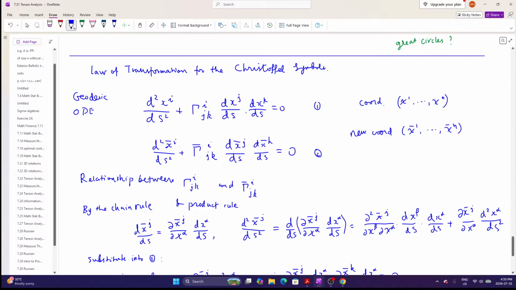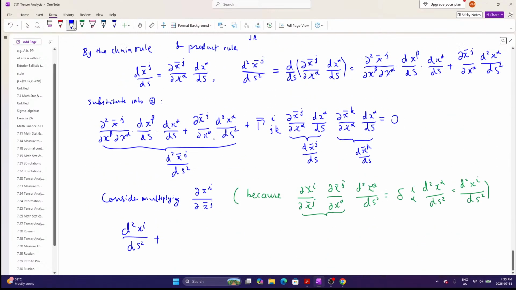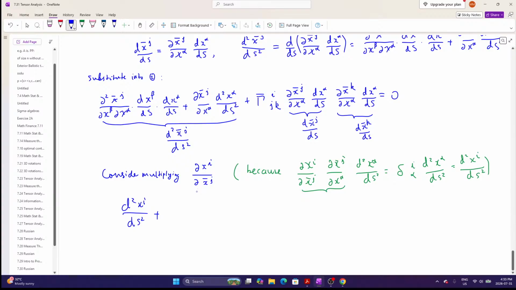remember, what's the factor here? Well, you got dx^j over ds, dx^k over ds, right? So we want that as well.